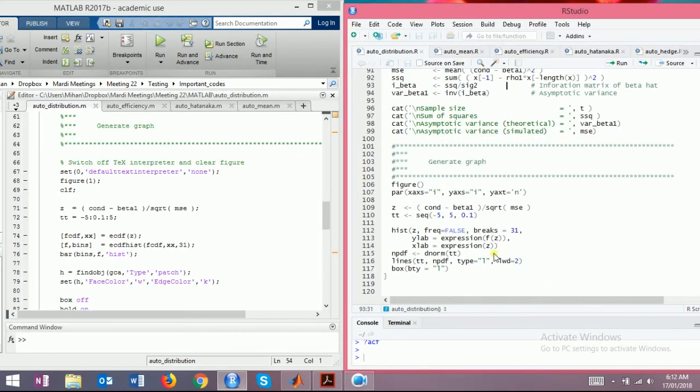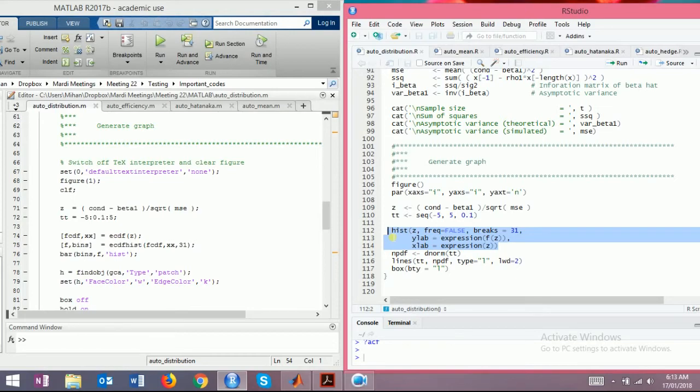We can do it manually. Okay, z is the estimated beta 1 minus beta 1, divided by the square root of the mean squared error. The 5000 replications of beta 1 estimated minus beta 1, divided by the square root of the mean squared error, is z. Okay, and then we just bring them in together. X lab, y lab.